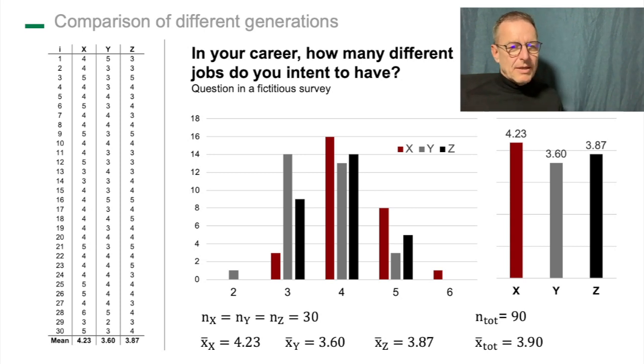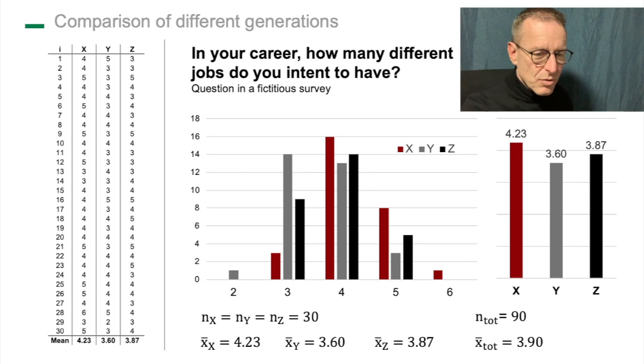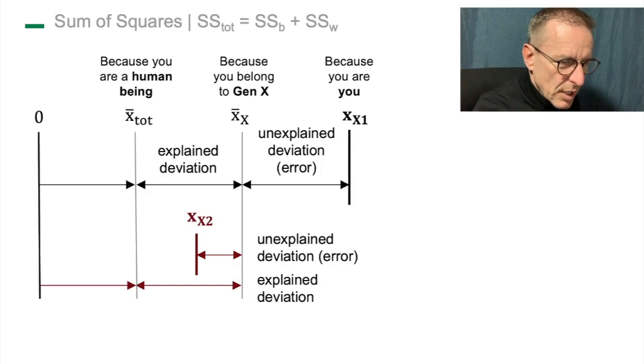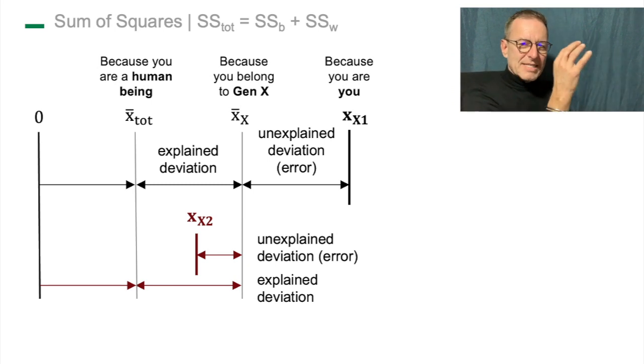And to understand analysis of variance now, we have to have a closer look. We have to look at the components of a single value. Components of a single value.